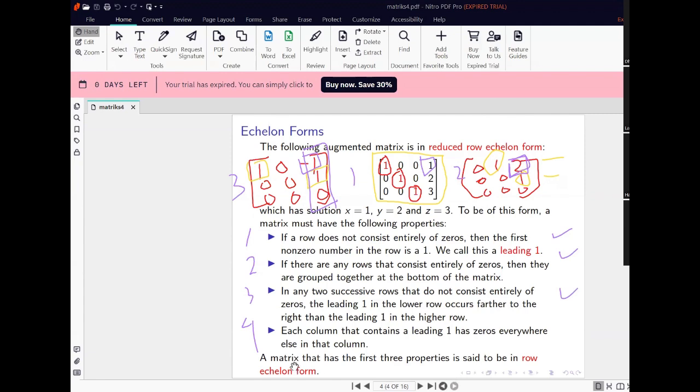A matrix that has the first 3 properties is said to be in row echelon form. But when that matrix has all the properties, number 1, 2, 3 and 4, it's called reduced row echelon form. Okay, I'll give you another example.